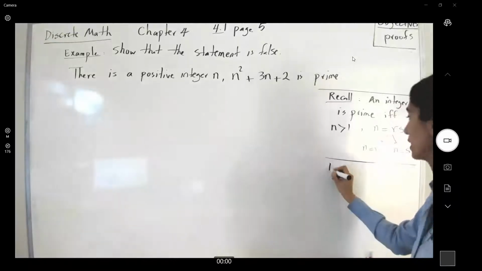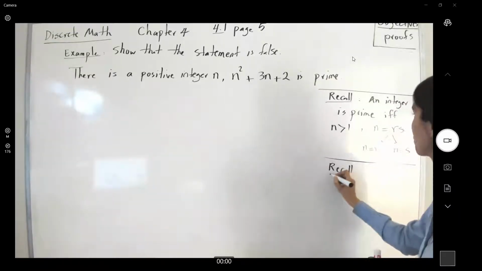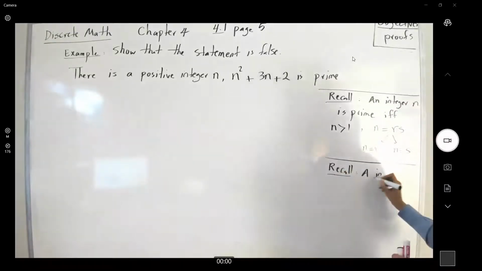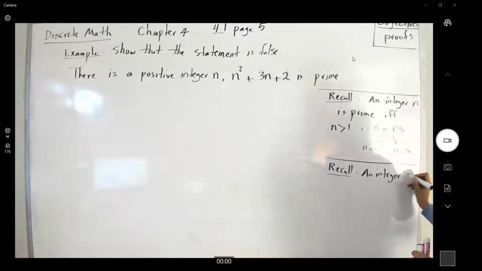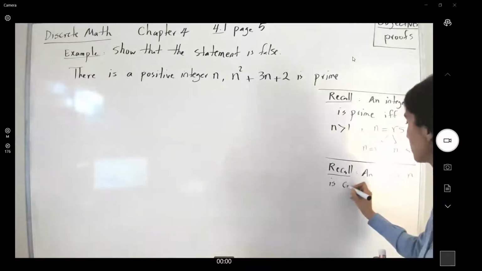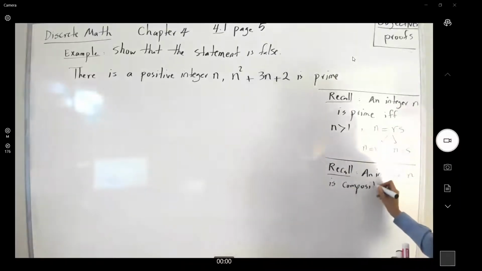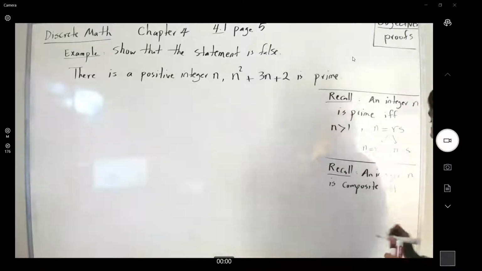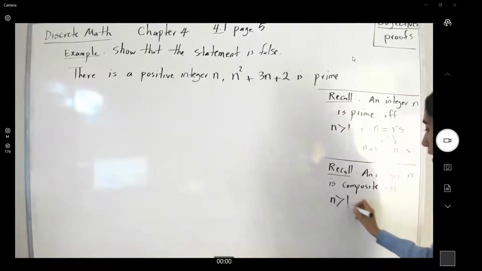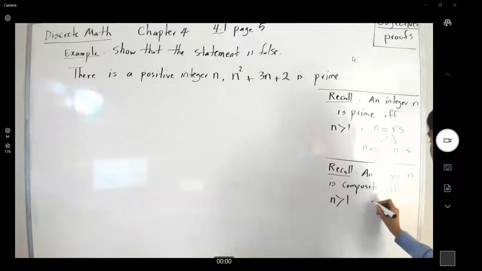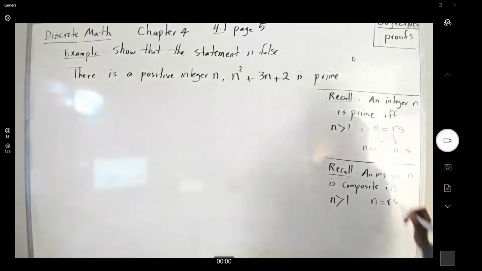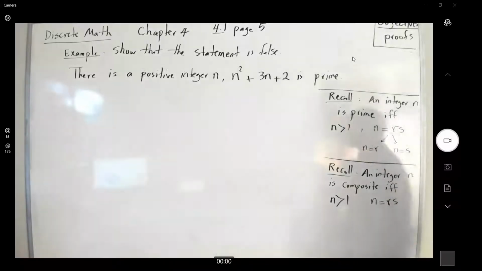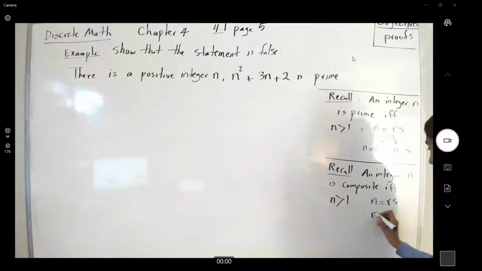Officially, we write it this way. We call an integer n composite if and only if n is greater than 1, and if you can write n as the multiplication of two other numbers, we have this condition: r is between 1 and n, and also s is between 1 and n.